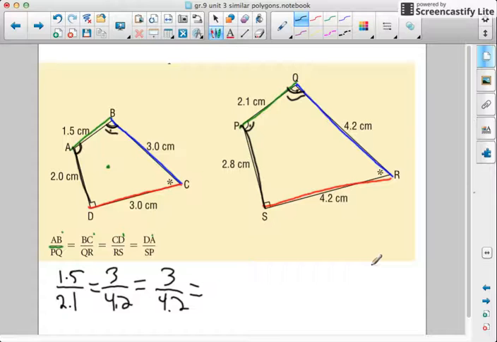Those are obviously the same. And 2 over 2.8. So the scale factor, if we checked all those, it's not a very nice number, but it is going to be the same for all of them. So you know that these are similar polygons.